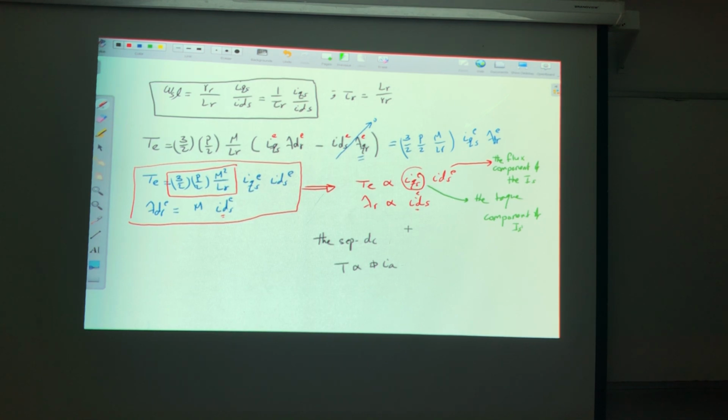I can control the torque and I can control the flux. But under this condition, I need to put my reference frame aligned to the lambda R synchronously. So now, how can I do that?